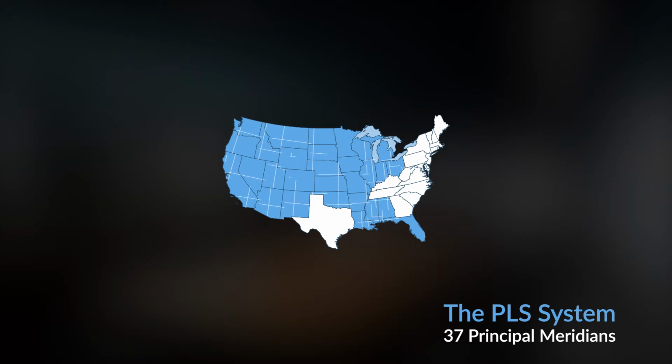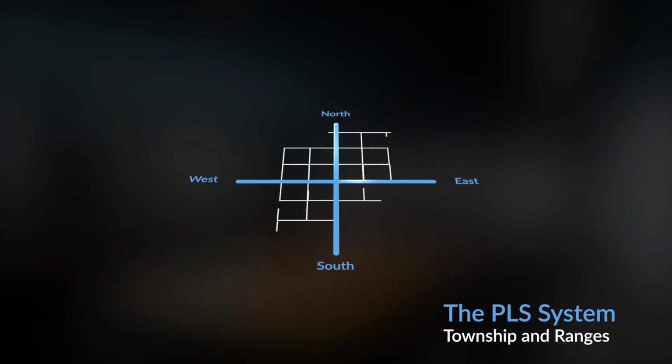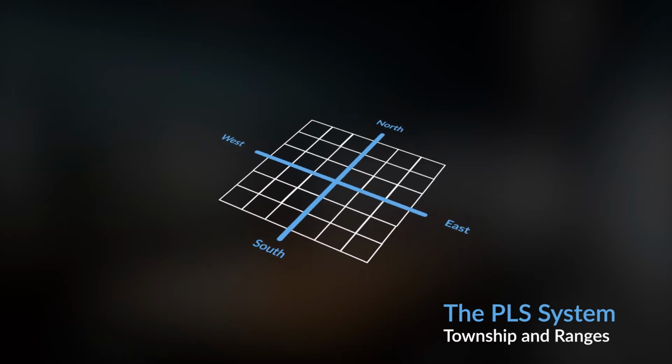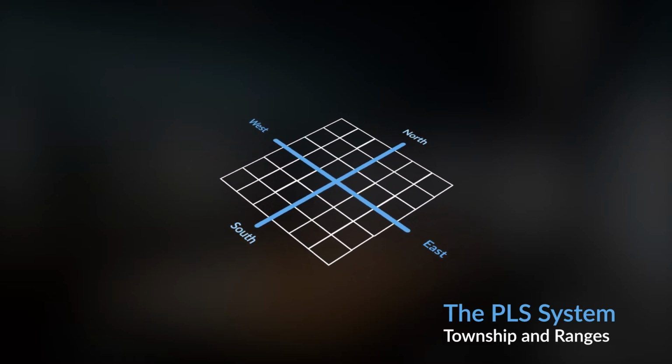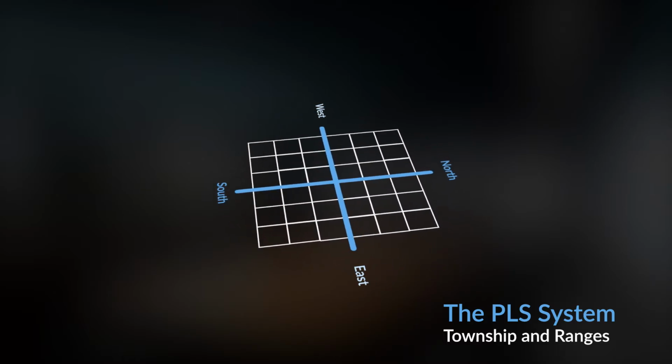The horizontal line that runs through the initial point is called the baseline. It always runs perpendicular to the principal meridian. The result is a grid system consisting of townships, each of which is designated a different township and range location. The township location indicates the north or south distance from the baseline. The range location describes the west or east distance from the principal meridian.